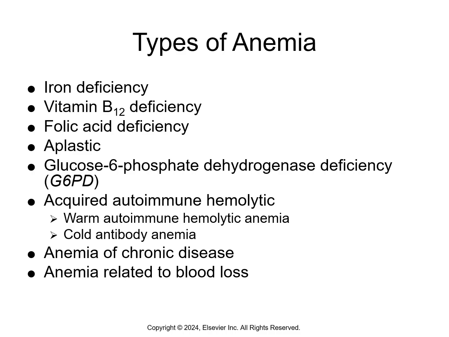So we'll break it down into the common ones as iron deficiency, B12 deficiency, folate deficiency, aplastic anemia, the G6PD deficiency, autoimmune hemolytic anemia, anemia of chronic disease like kidney disease, or anemia related to blood loss. So different anemias have different causes, but they all lead to the same outcome: impaired oxygen.